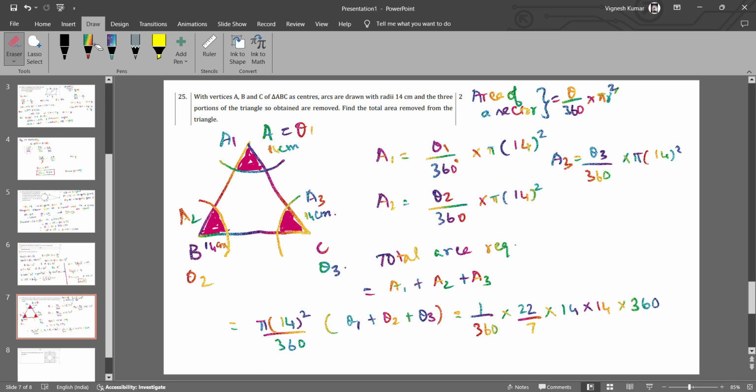Sorry, it's 180, since the sum of angles in a triangle is 180. So 2, 11, and here, 22 into 14, which is 308 centimeter square. So totally 308 centimeter square of the total area is removed from the triangle. So that's the answer to this question.